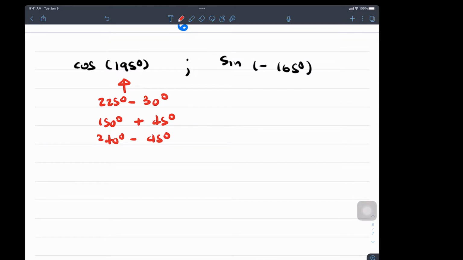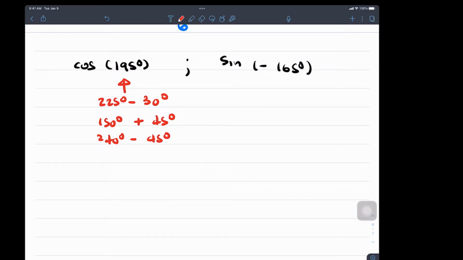You could even use a sum formula like, what? 135 degrees plus 60.